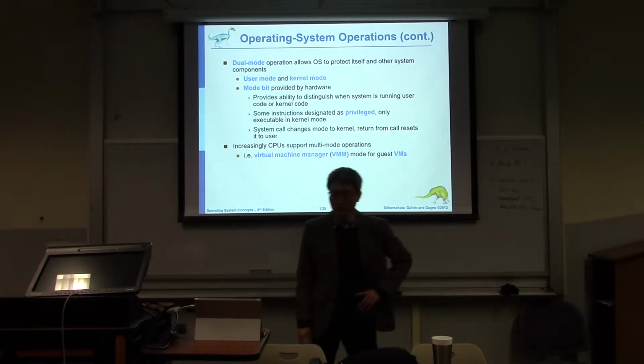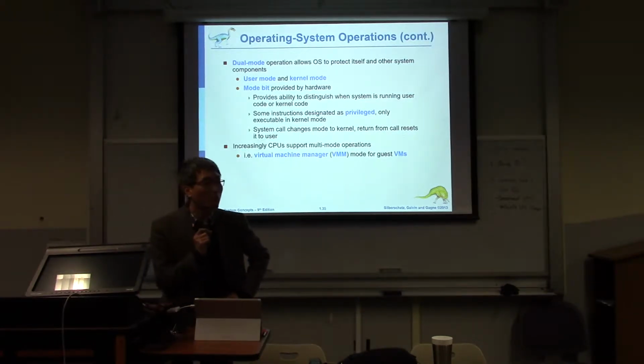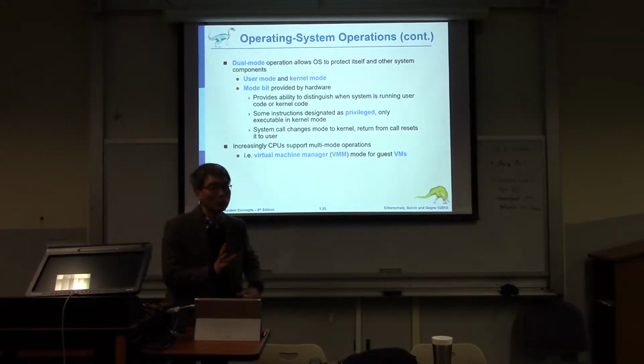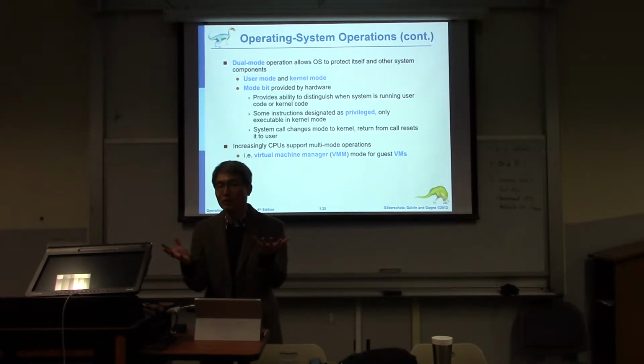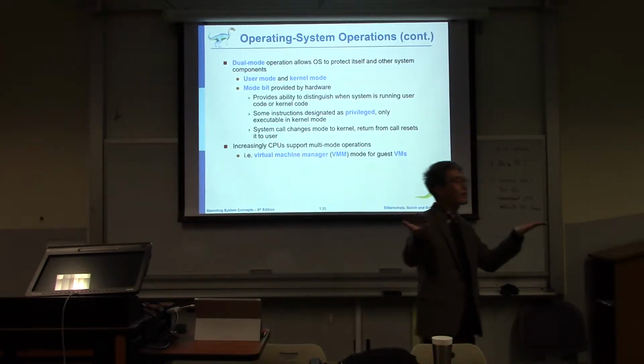Dual mode means, so today we are going to talk a little bit about the system call, and the system library later. To use such a system call and system library, the operating system supports dual mode, which means dual means two. There are two different modes: the user mode and system mode.